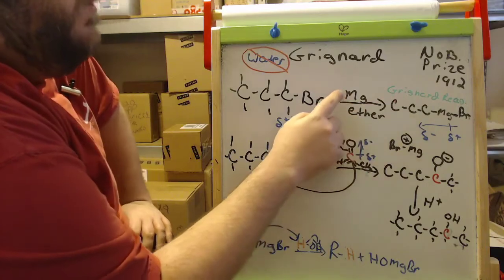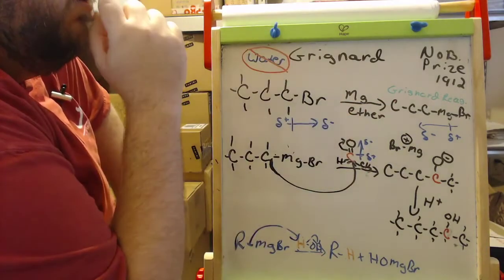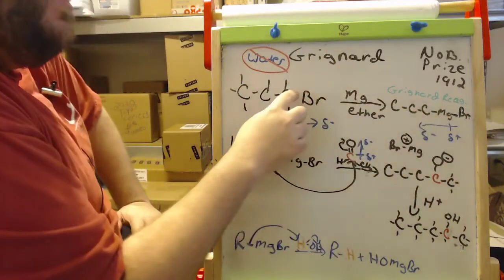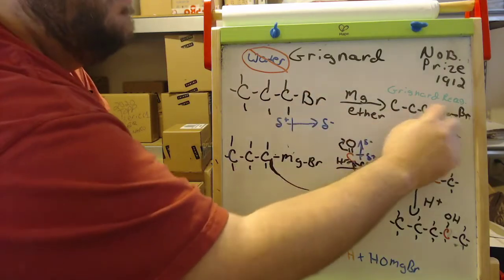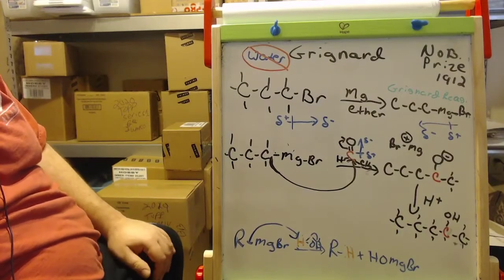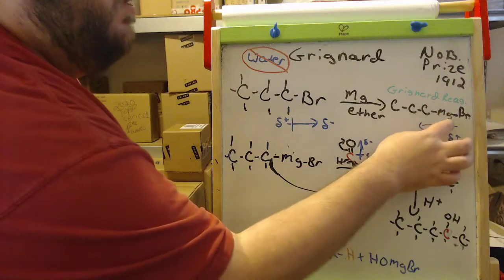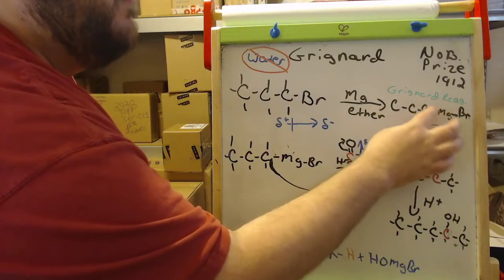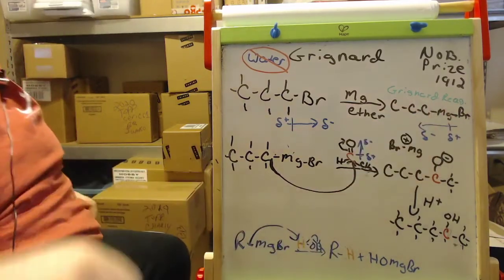When I treat it with magnesium in an ether, this happens, where magnesium somehow gets in between the carbon and the bromine, which is kind of crazy, but it happens. And by doing so, the magnesium now is partially positive and my carbon becomes partially negative, because carbon is more electronegative than the magnesium.